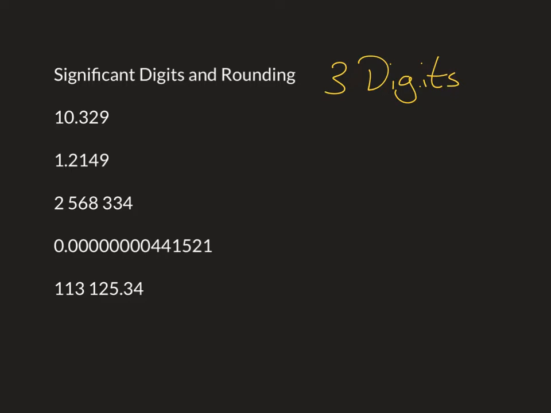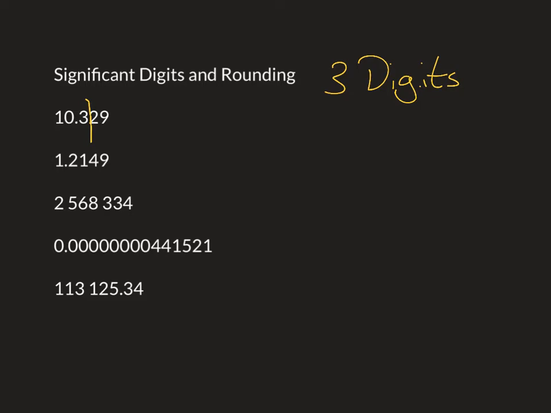Let's say that we want to round all of these numbers that I have on the page, and this is not in your book, but let's say I want to round all of these to have 3 digits. The way we do that is reading from left to right, you want to take the first 3 digits. So if I look at my first example here, 10.329, the first 3 digits are 10.3. So I'm rounding here, and everything that comes to the right of that line, I want to get rid of.